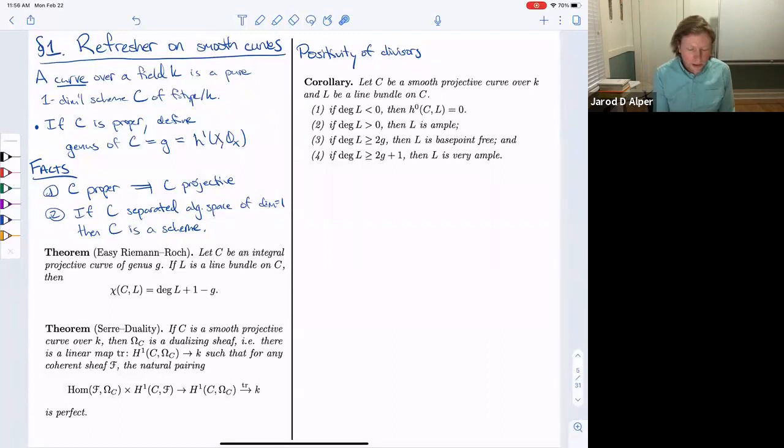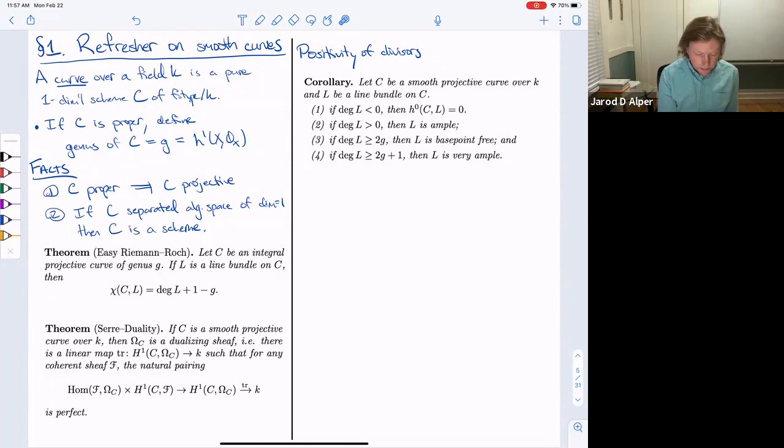And for arbitrary integral curves, we have this Riemann-Roch theorem, which is an easy consequence of cohomology, that you can compute the Euler characteristic in terms of the degree and the genus. But Riemann-Roch really becomes powerful when combined with Serre duality.